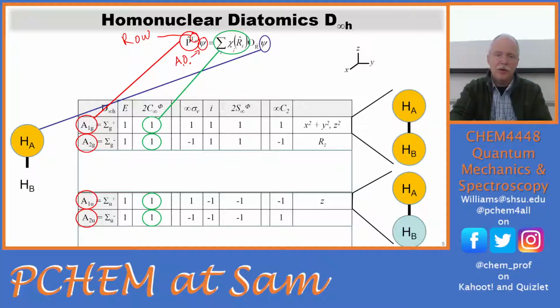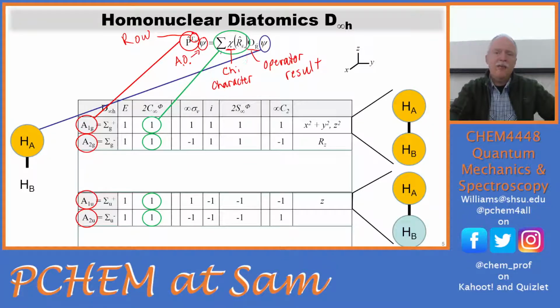The green terms are the characters. This Greek character chi is the character. And this O stands for operator. I'm just going to call it the operator result, because it's the operator operating on the wave function.